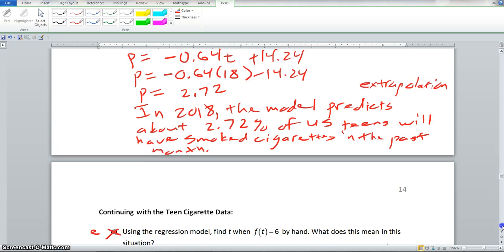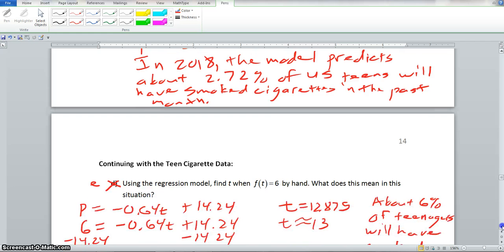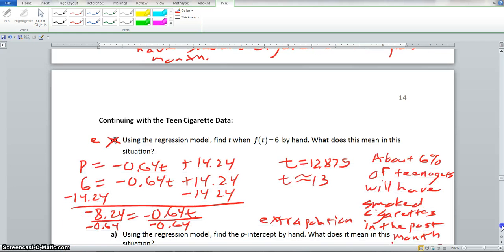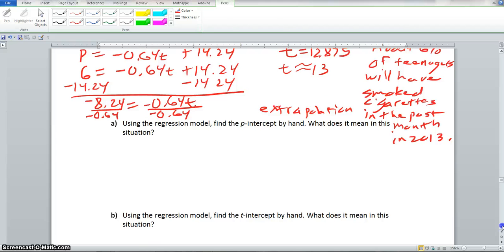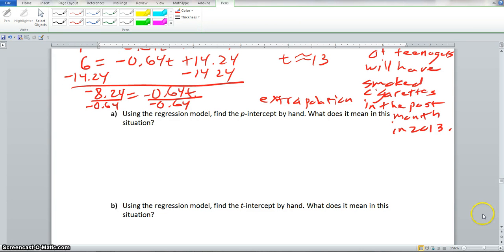Because if you look at our percents, the lowest percent we go to is 9.1. And that's far below 9.1 with that 2.72%.